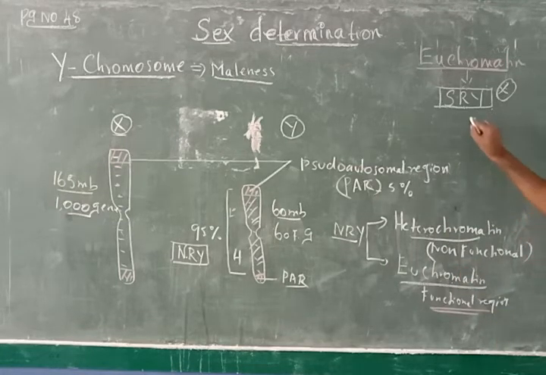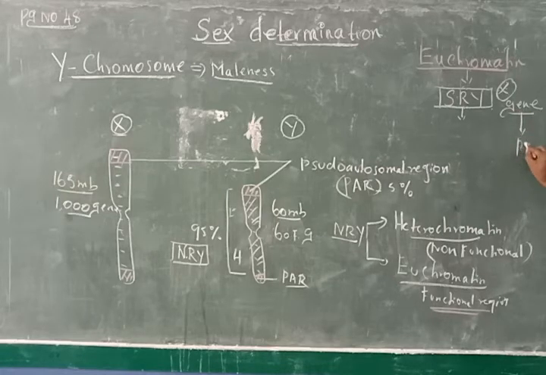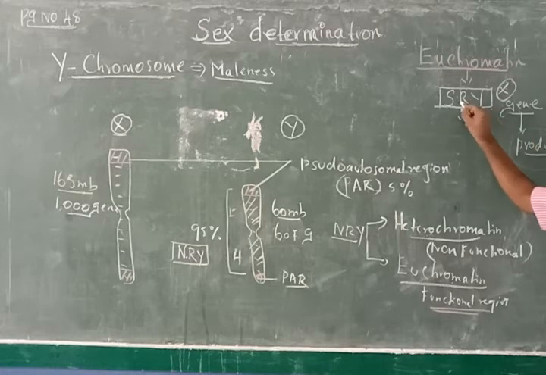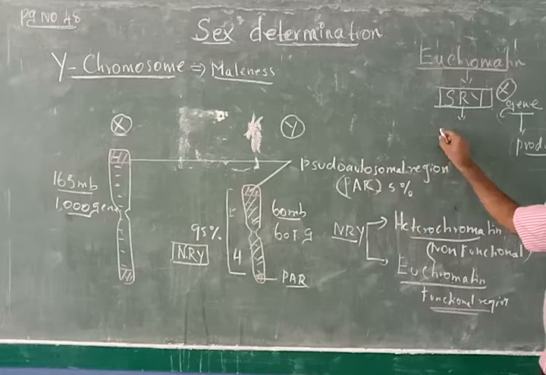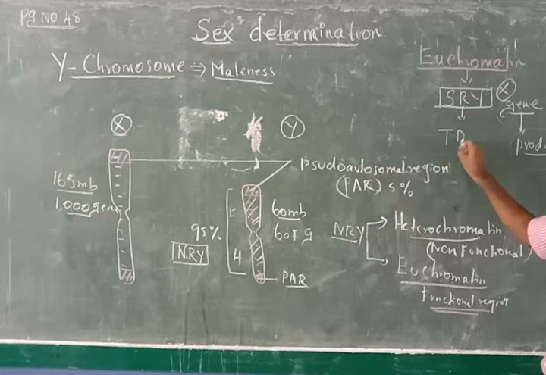So now this is a gene called the SRY gene. Now the role of the gene is to produce a product. That all we will see in the 5th chapter, genetics. So the role of the gene is to produce a product. That means this gene produces a product called TDF.